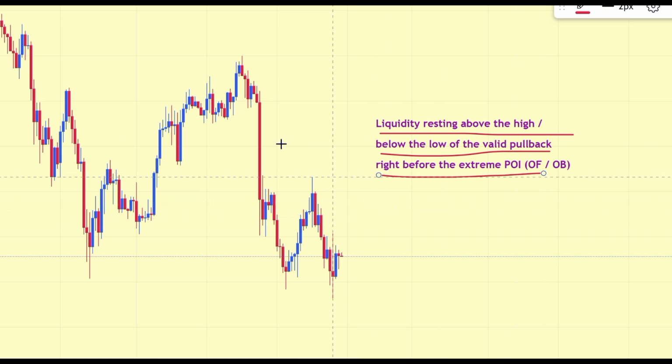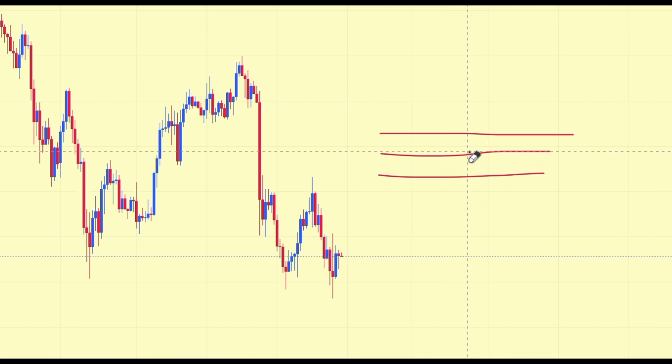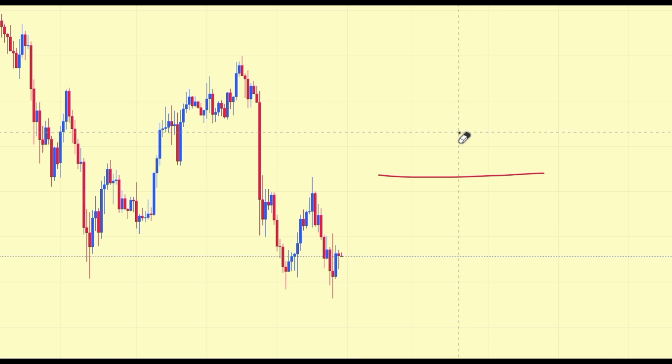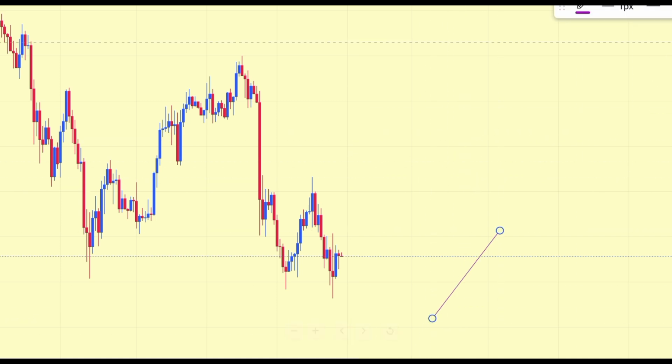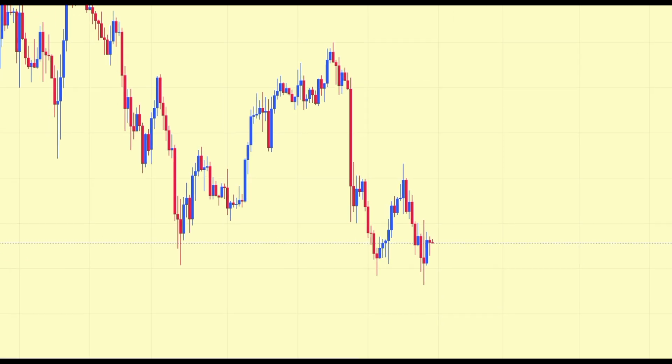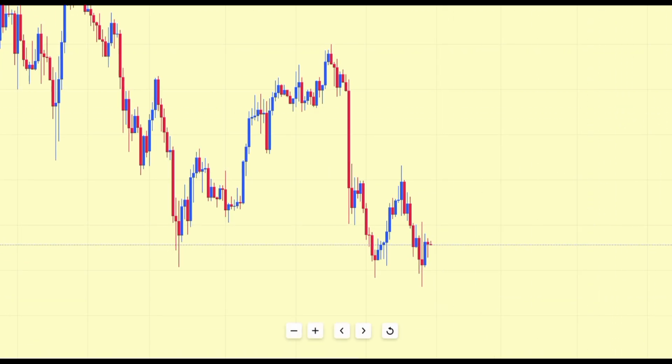Alright, so into this chart right here, let me first get rid of this heading and these lines, and then dive into this chart. Right here we know this pattern, and I've been repeating this several times: once price takes out a high like this, the recently formed valid pullback high, that's what we call the inducement, and then reverses back.